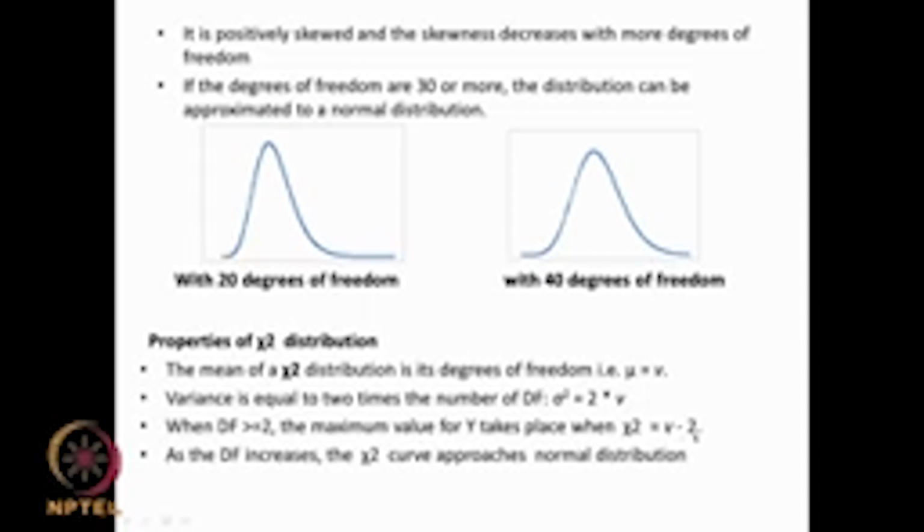Imagine I have degrees of freedom as 3, so the maximum value will occur at 3 minus 2, that is 1. As the degrees of freedom increase, the chi-square curve approaches normal distribution, as you can see from here. So, the chi-square will have a mean of degrees of freedom, and the variance will be 2 times the degrees of freedom.